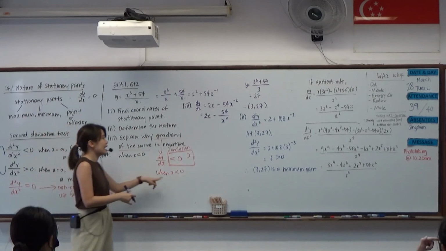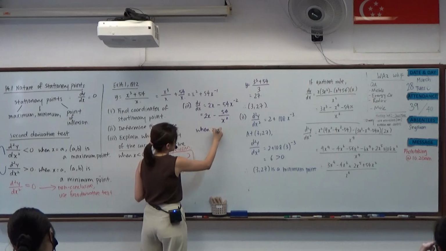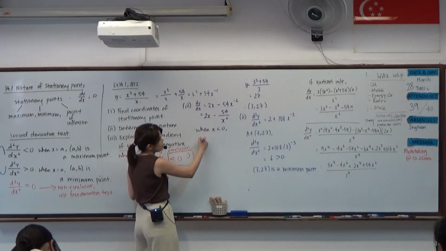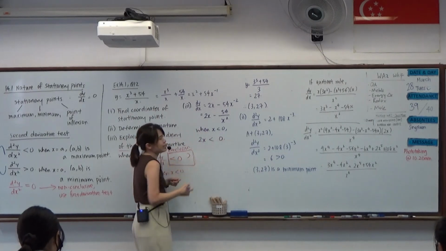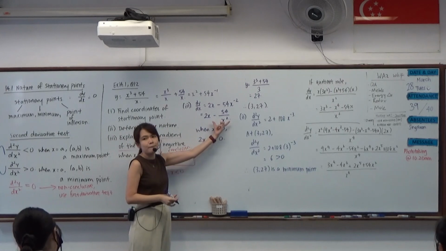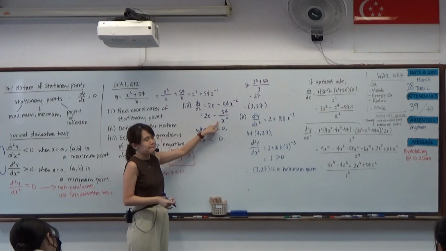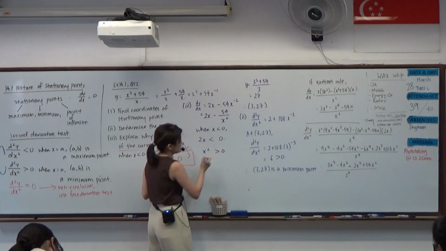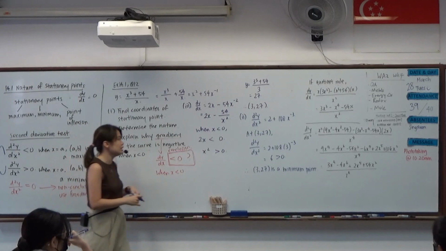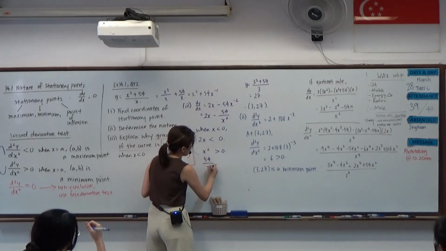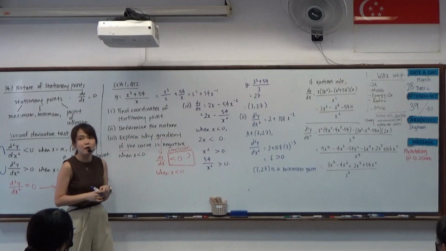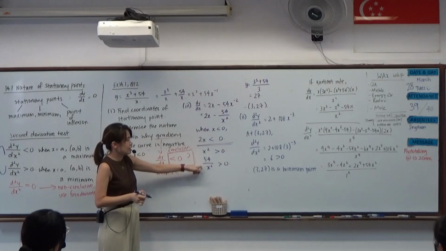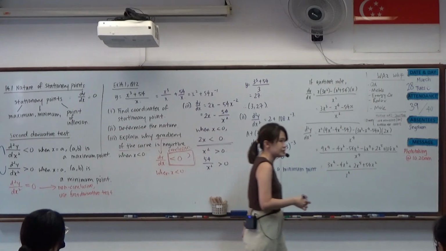We are given that x is less than 0. There are two components in this expression. We have 2x, which has to be less than 0. And the other component is 54 over x squared. Since x squared is always positive, 54 over x squared will also be positive. So 2x is less than 0, and 54 over x squared is positive.